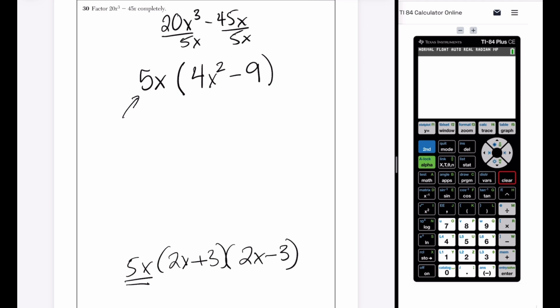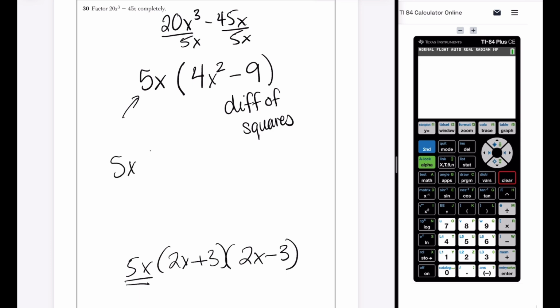The second thing to notice is that you have a difference of perfect squares. So you want to be able to see that. And so I can separate this.